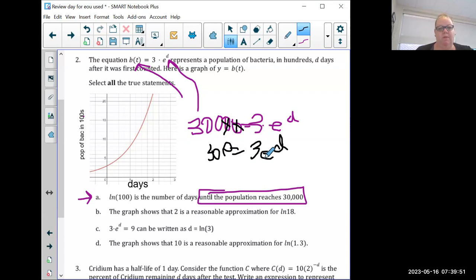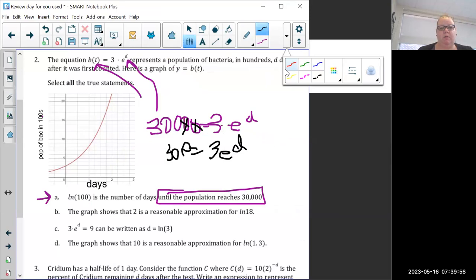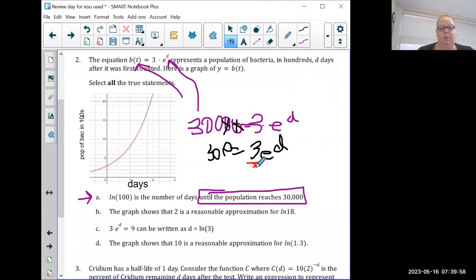So now we could just solve it and see if maybe we run into the problem of what they mean by ln 100. The first step is to divide by 3 on both sides. When I divide by 3, I get 100 equals E to the D. I'm trying to solve for D, so I need to bring this down to make it a log problem, but it's base E, so that makes it an ln problem.